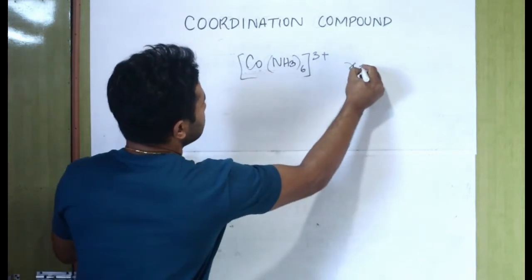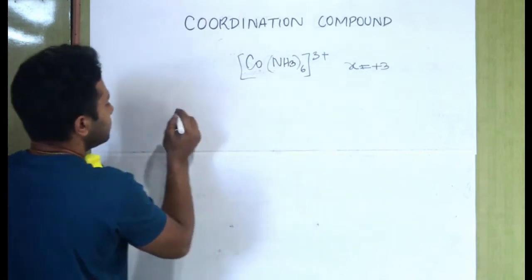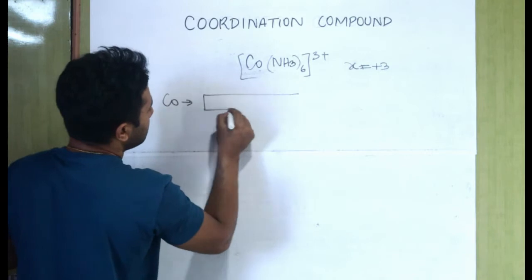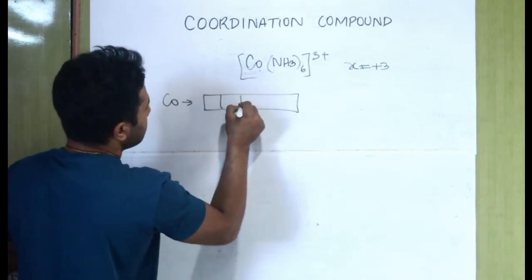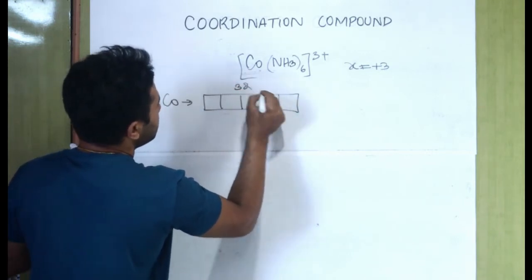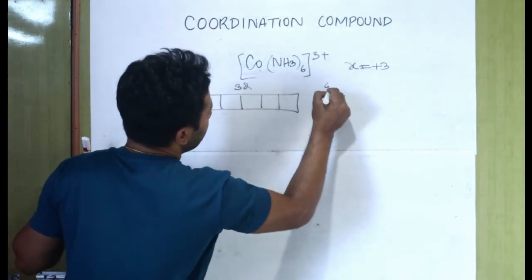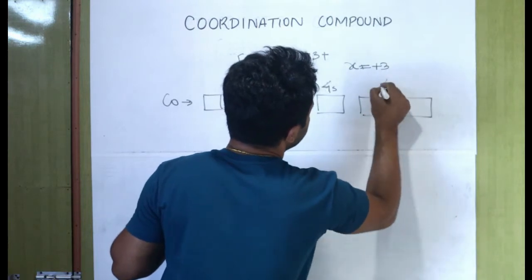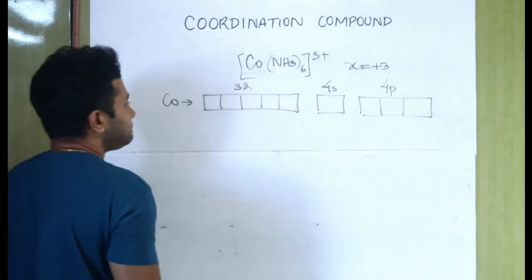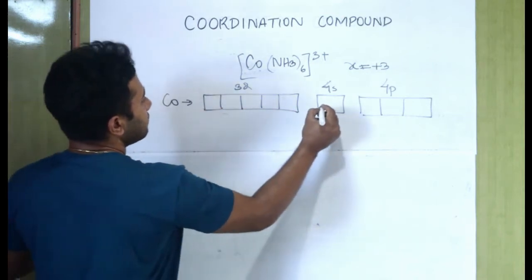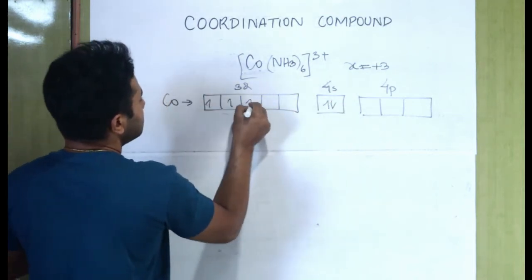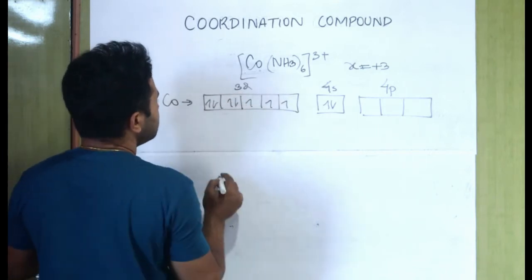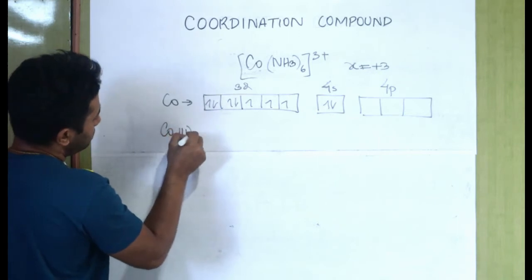So out here, x equal to plus 3. So I'll write here cobalt, 3d, 4s, 4p. So I have 4s2, 3d7 for cobalt.